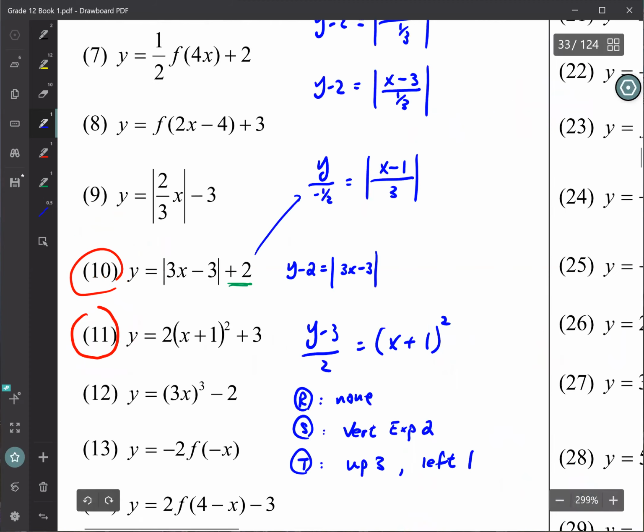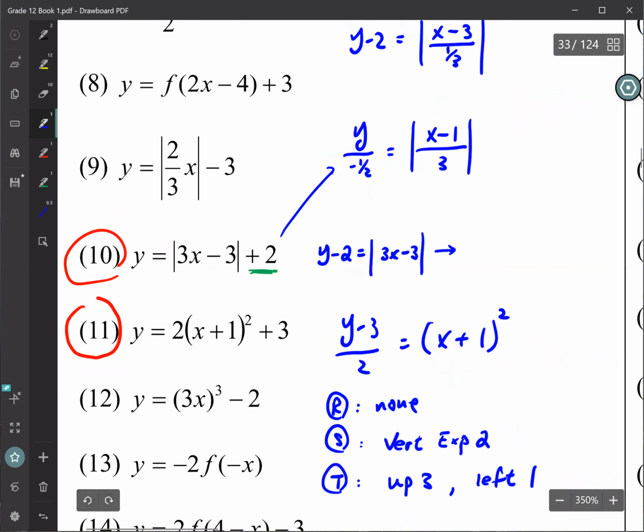Okay, and then after that, because you want to make sure in front of the x there's no number in front, right? Because right now the 3 is attached, multiplied with the x. So to do that, our next step is to factor. So when we take the 3 out, the leftover will become x minus 1.